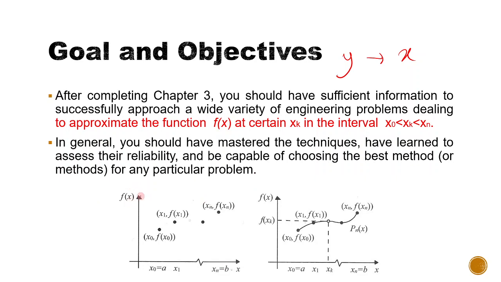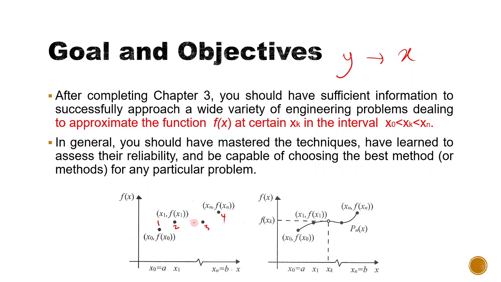For example, we have a graph of f(x) versus x, and we have 4 points: point 1, point 2, point 3, and point 4. These are known points, meaning we have a value of x and a value of f(x).